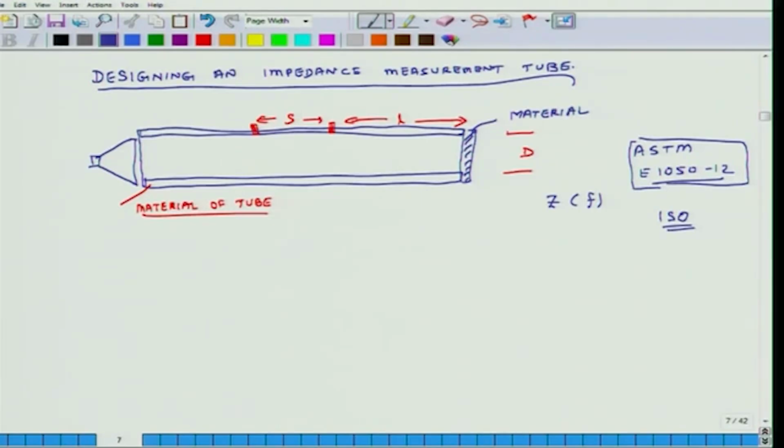The first thing we will look at is the material of the tube. The way we choose this material is that we want this tube to be as heavy as possible. Of course it should be practical also.